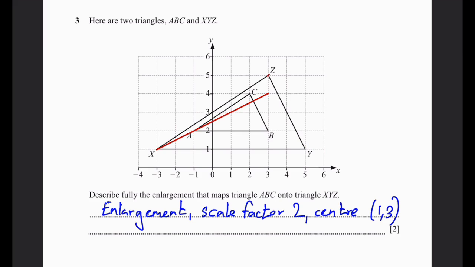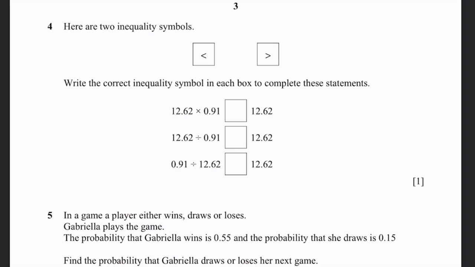Draw a line which starts at Z and passes through C. And also draw a line which starts with Y and passes through B, like that. We can see there's one point over here where all three lines you have drawn intersect, and this point is the center of enlargement, which is (1, 3). That's the answer.